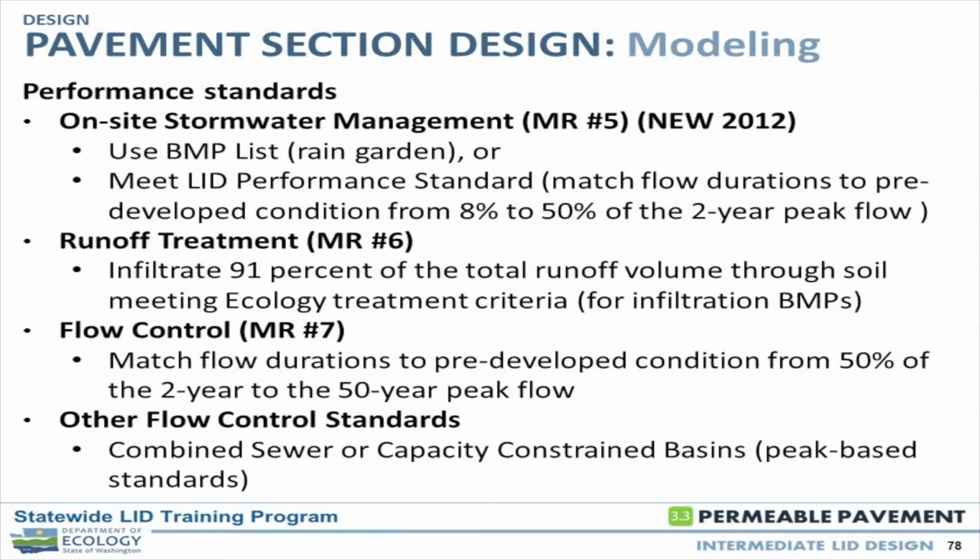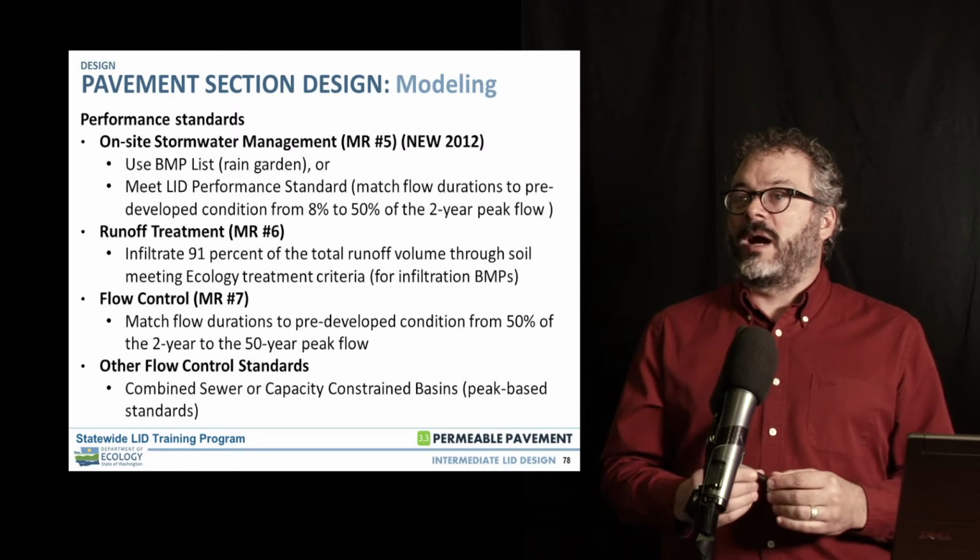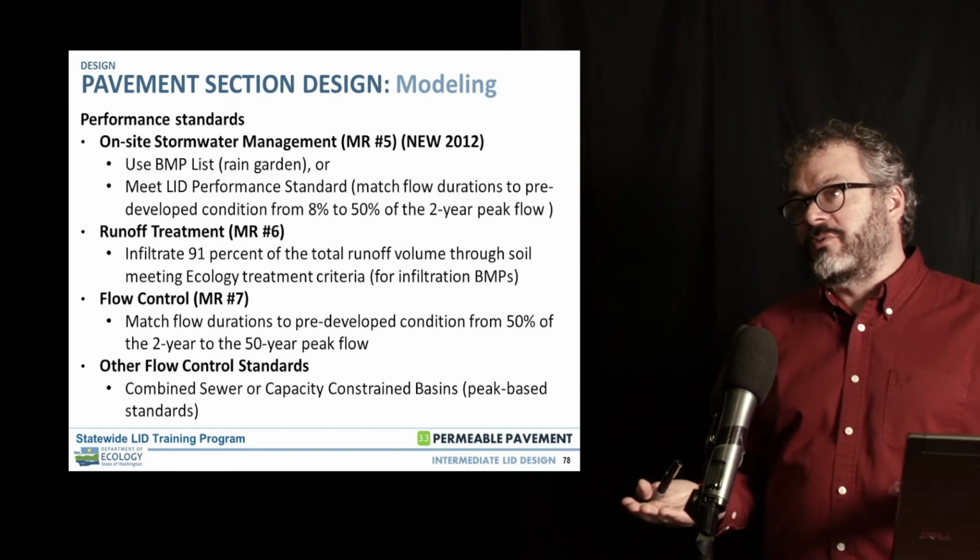In terms of how we model and how we account for these BMPs, pervious pavement, with respect to the new manual, the on-site stormwater management, List 2, the MR5 utilization of what's called List 2, which we don't get into too much detail, but we want to either select our BMPs based on List 1 or List 2, depending on which minimum requirements apply, and that's in the manual. That is where we're typically considering permeable pavement right at the top of the list for all new hard surfaces.